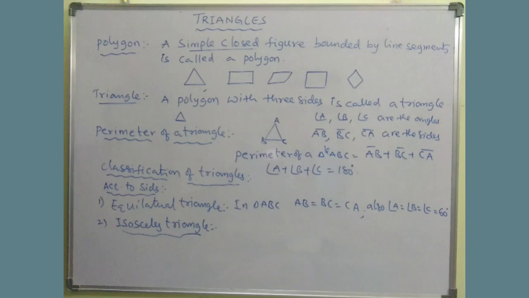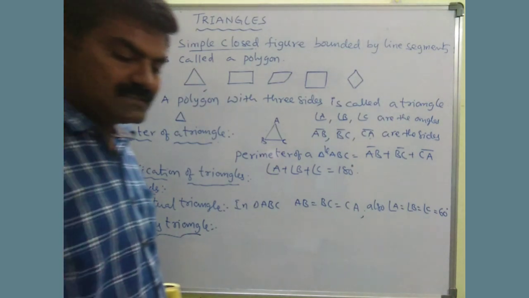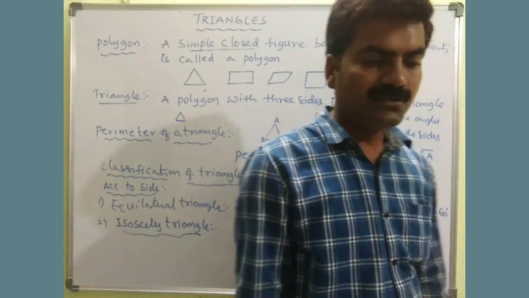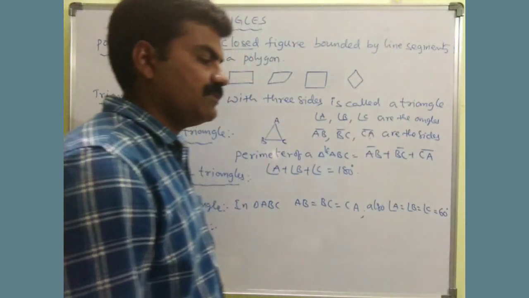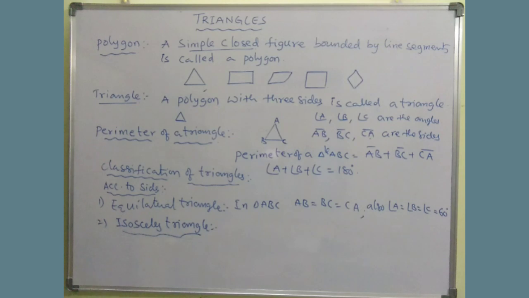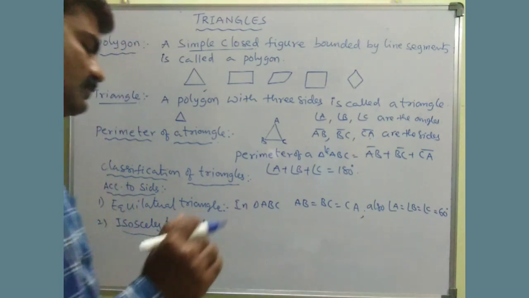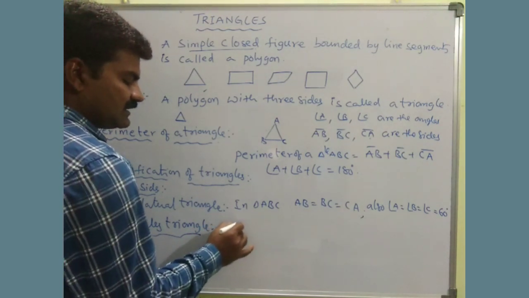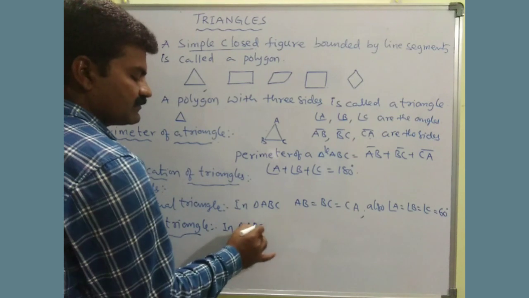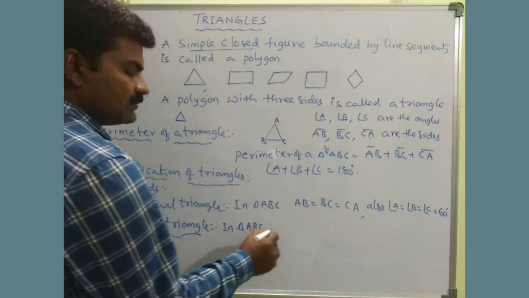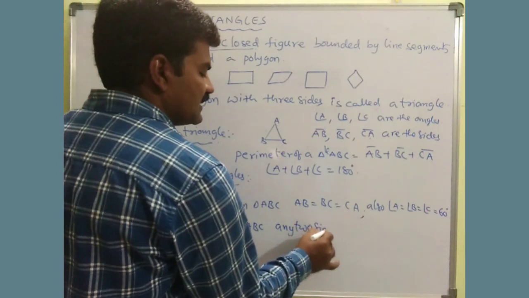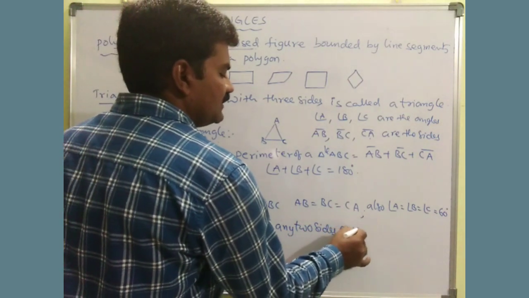So what is the definition of an isosceles triangle? A triangle is said to be isosceles if any 2 sides are equal or 2 angles are equal. Understood? See, suppose in the triangle ABC, any 2 sides are equal.